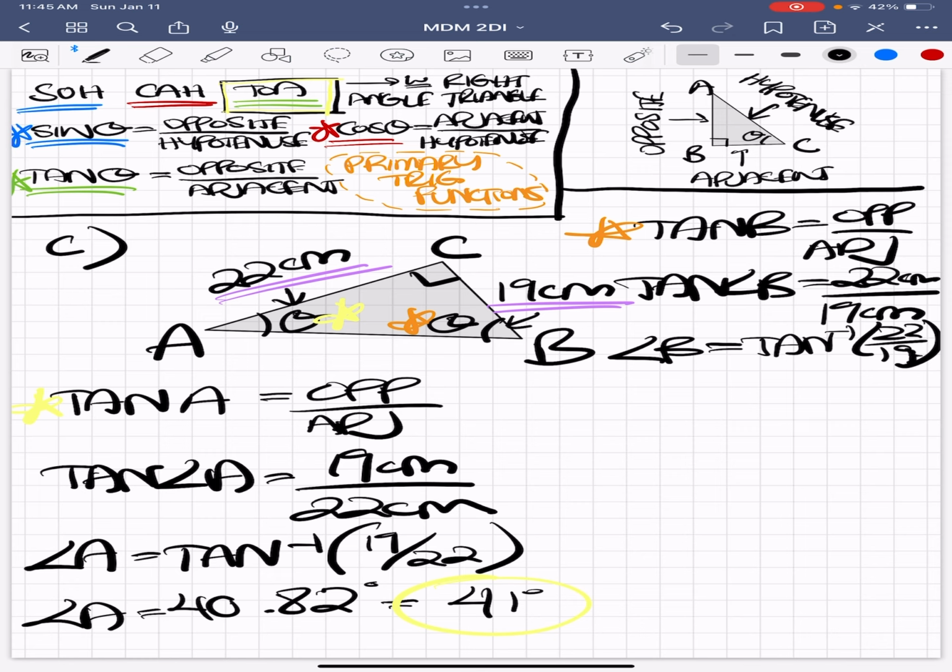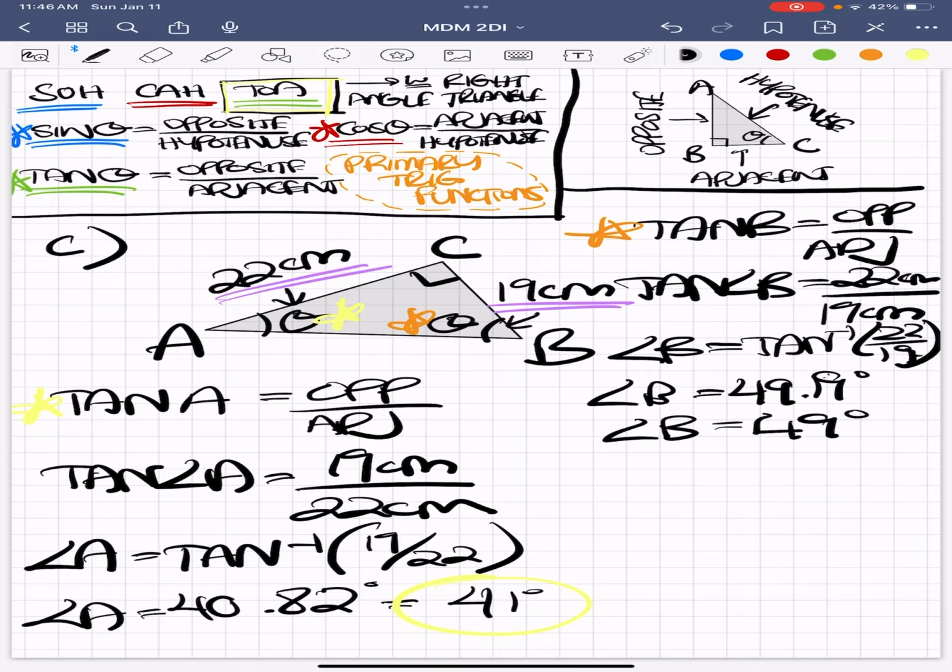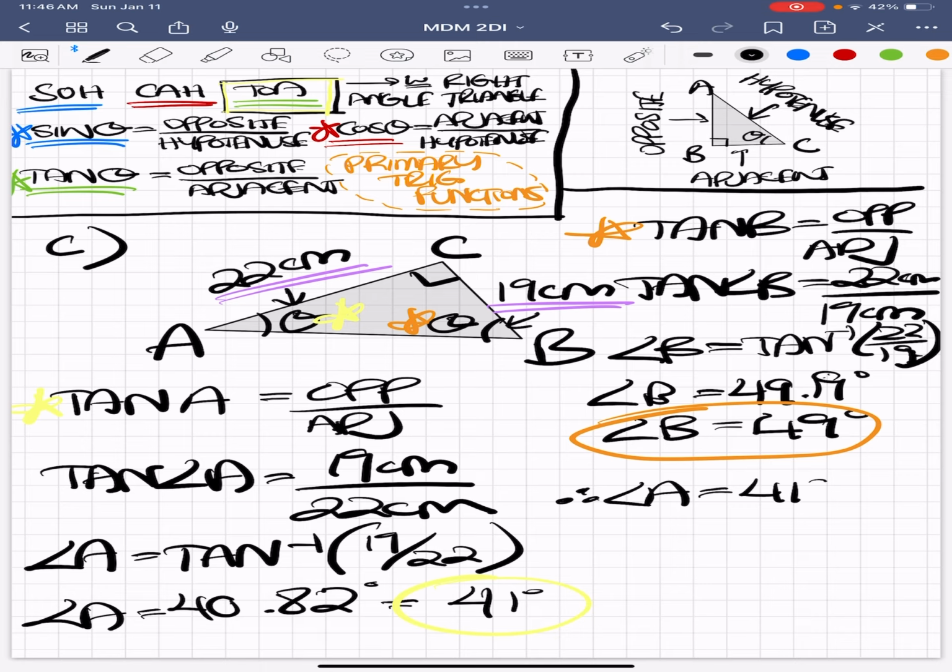And we have angle B being 49.19 degrees, and rounded to the nearest degree would be 49 degrees. And we'll circle that in orange. And then we have our therefore statement. So we have angle A being 41 degrees and angle B being 49 degrees.